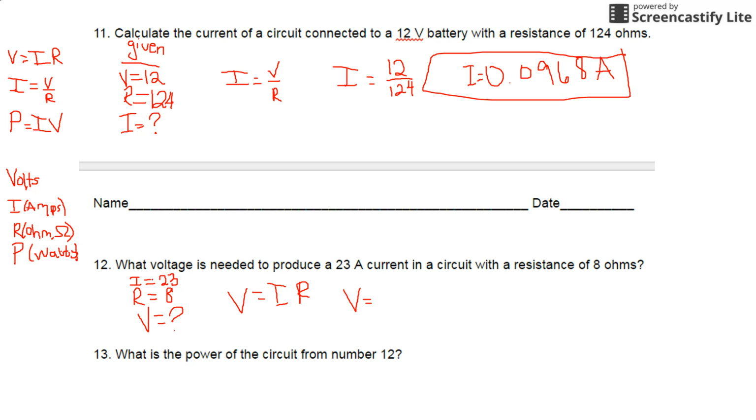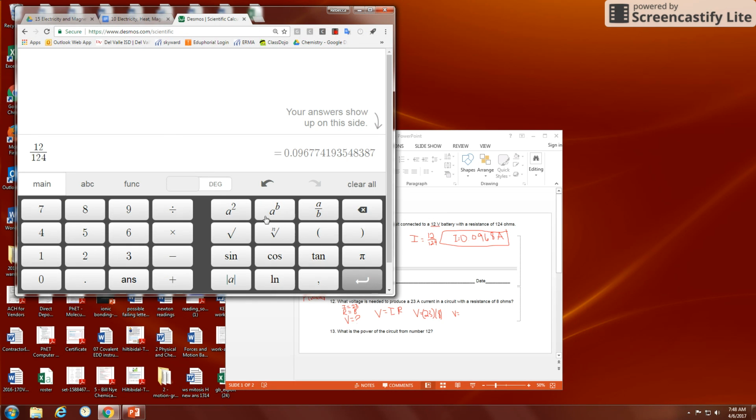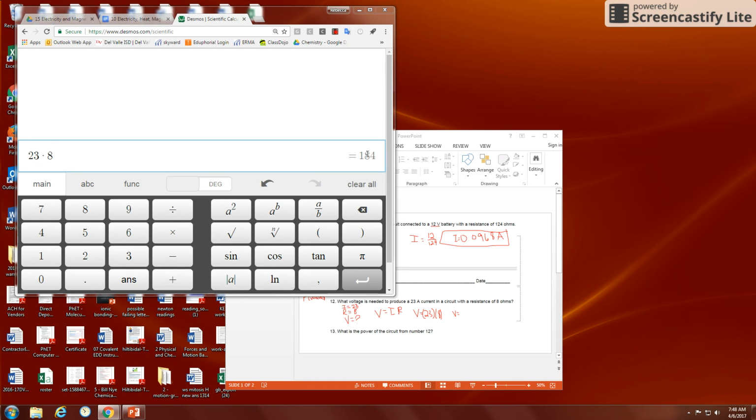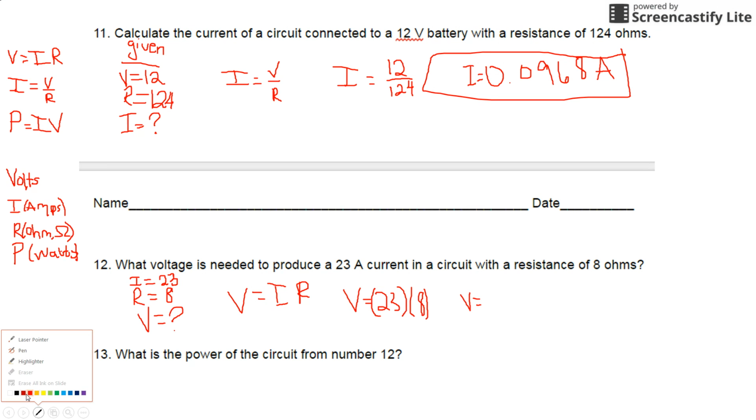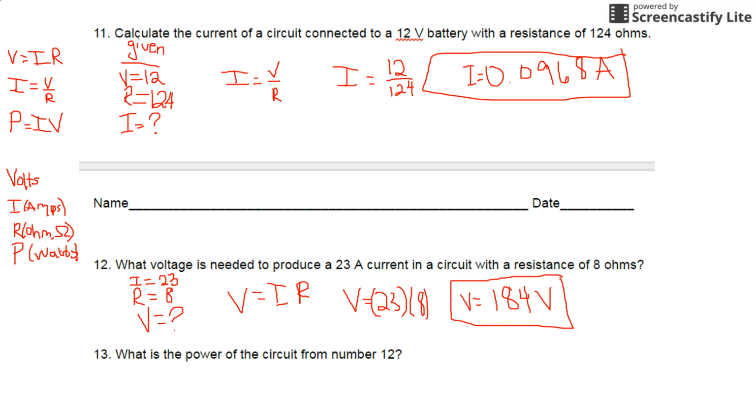V equals 23 times 8. Let me plug that in the calculator. 23 times 8 is 184. Voltage is just measured in volts. There's my answer.